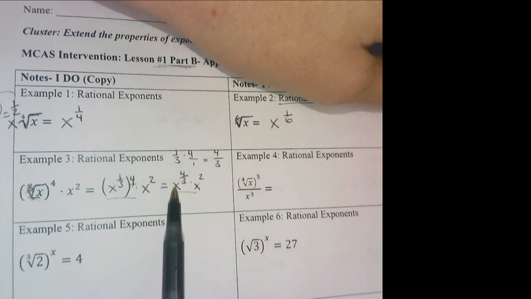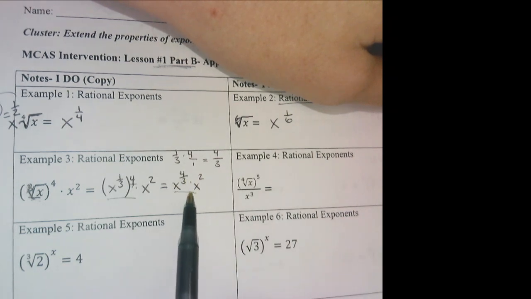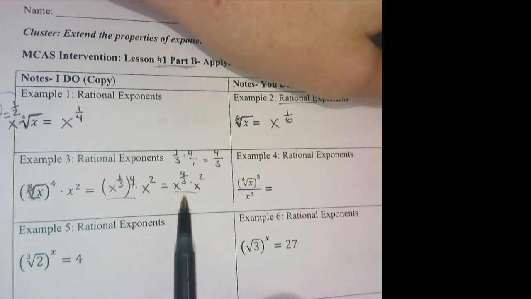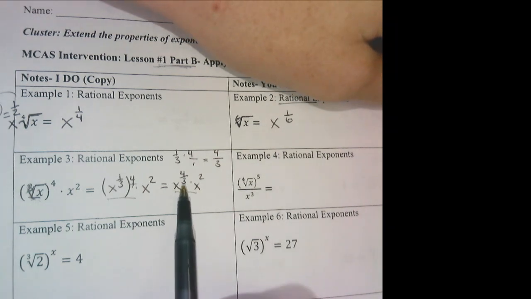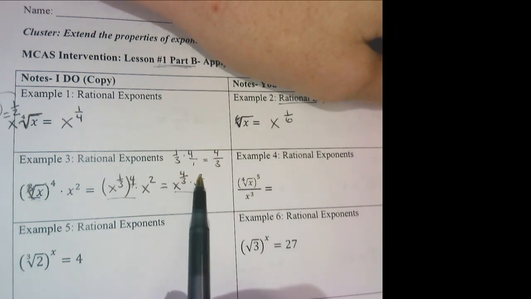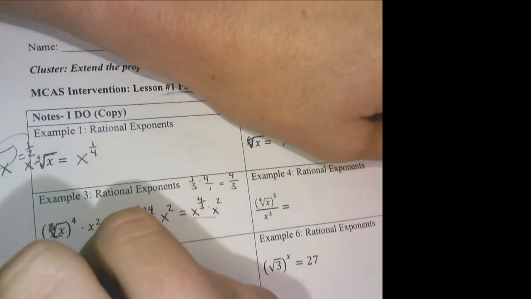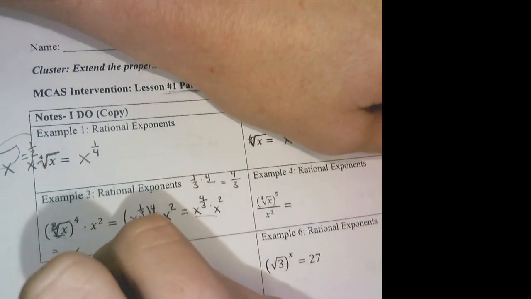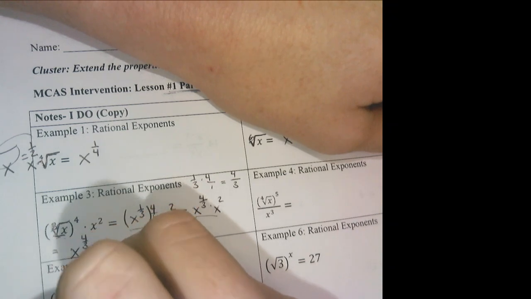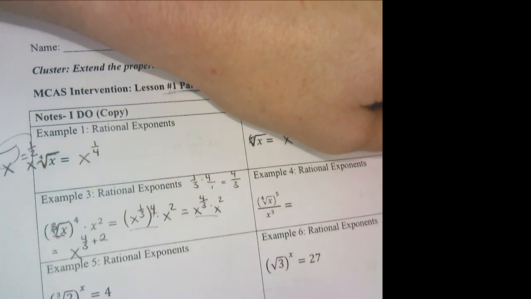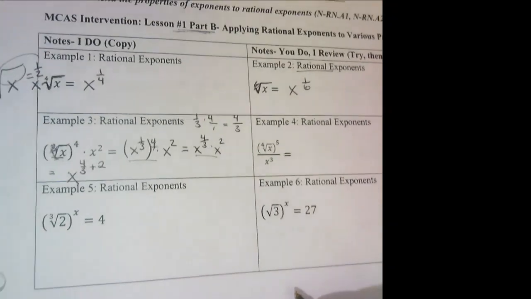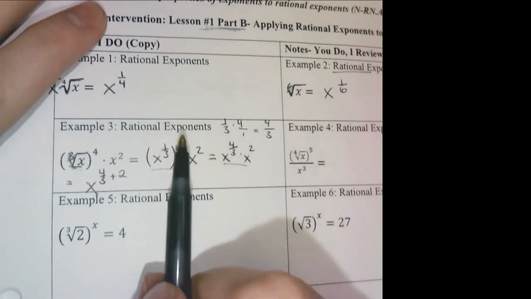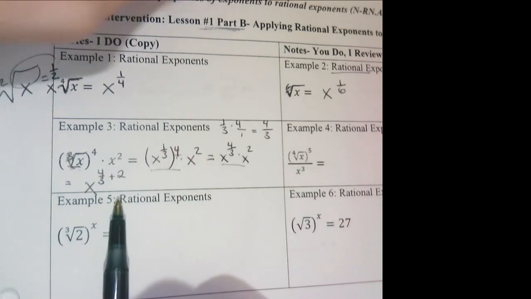They're multiplied, and last lesson we learned that when we have terms that are multiplied, we add the exponents. So I want to add these two things up. I'm going to start a new line down here: x to the 4 over 3 plus 2. The tricky part may be remembering our fraction rules, like how to add a fraction to another fraction.